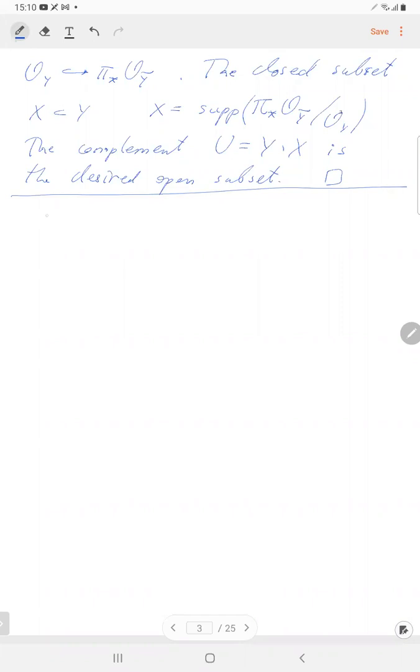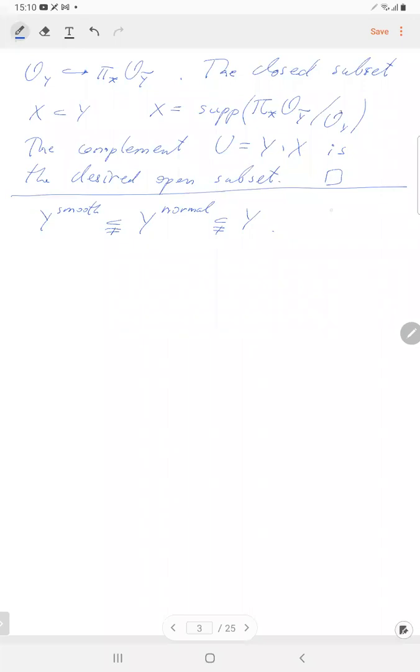So we have Y smooth contained in Y normal contained in Y.